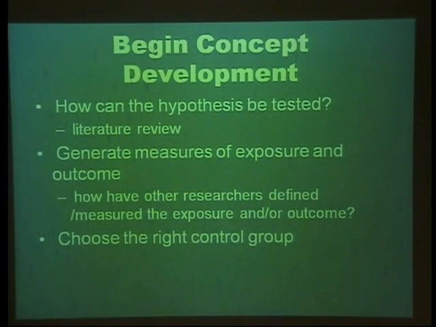We think about generating measures of exposure and outcomes. So if we have a prospective trial here, we need to think about what the treatments are going to be when we're doing the concept development and how we're going to measure what the effects are. And a very difficult part of the concept development is picking the right control group.